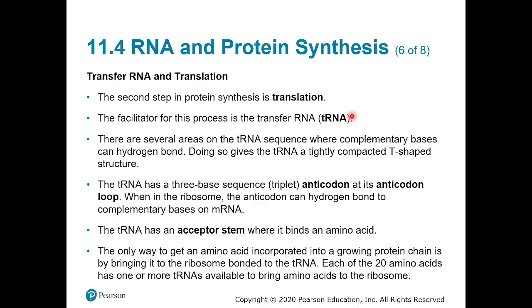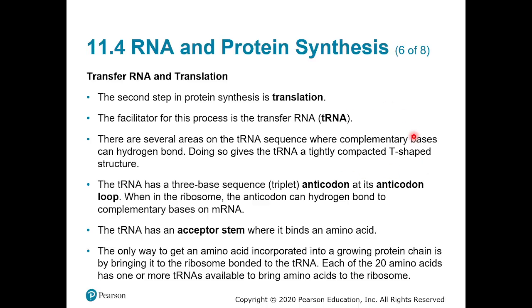Has little price tags, doesn't it? These are the price tags of amino acids. Okay? This is the little tagging system that tells that ribosome this is the amino acid that corresponds to that RNA right there. Good?